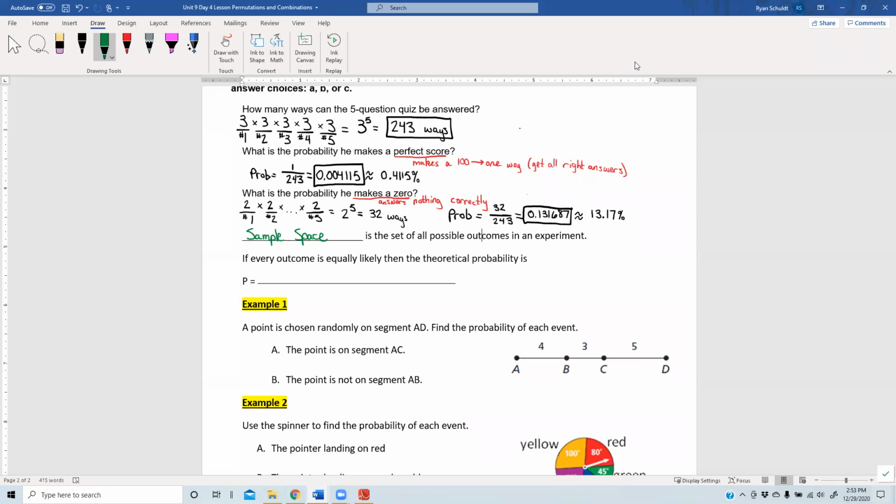If every one of the outcomes is equally likely, then the theoretical probability is the number of favorable outcomes divided by the number of outcomes in the sample space, the number of total outcomes in the sample space.